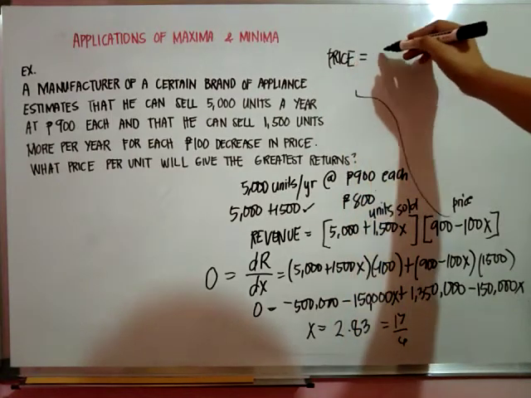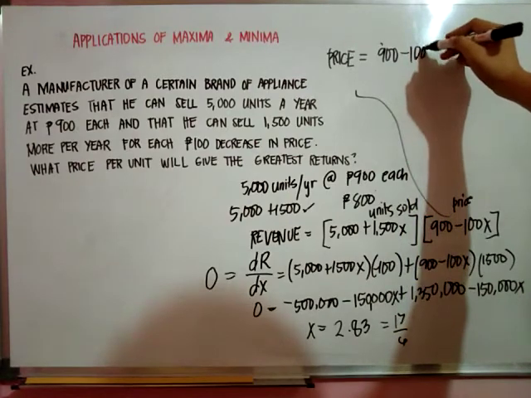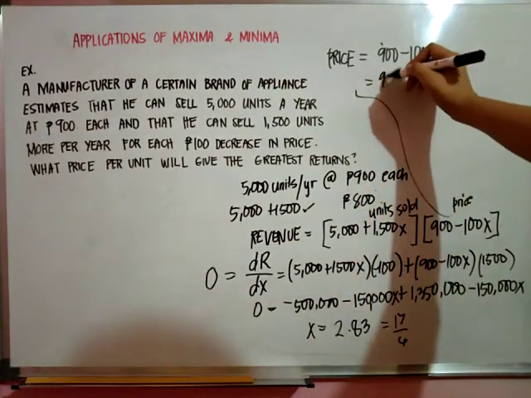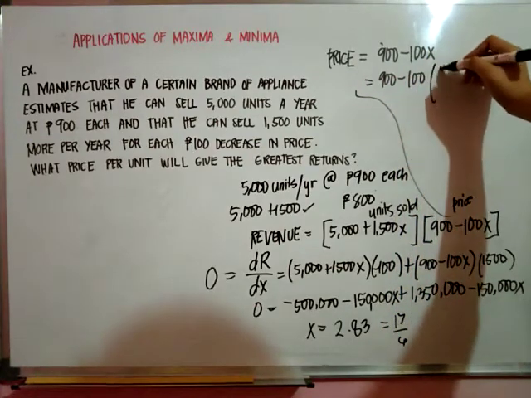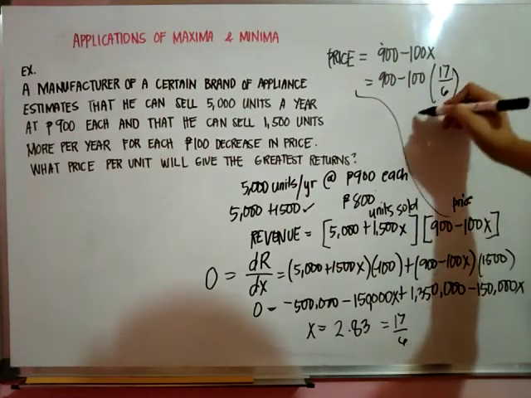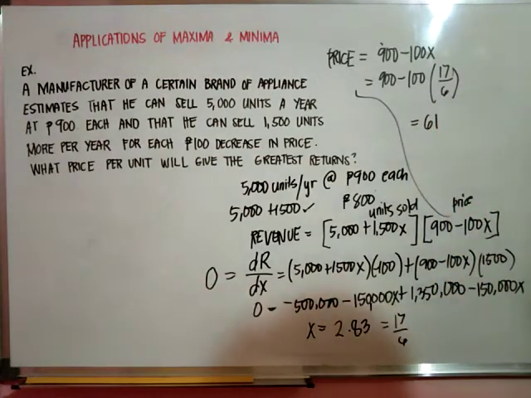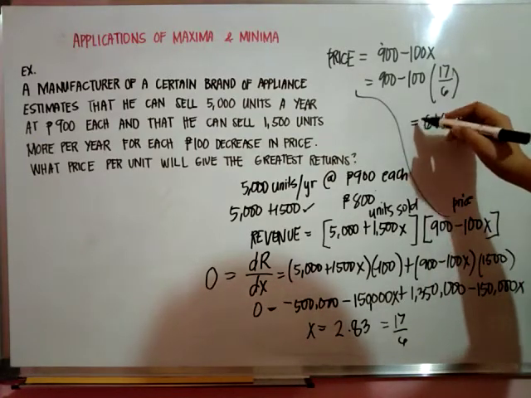So we have price is equal to 900 minus 100x. So therefore, we have 900 minus 100 times 17/6, we have 616.67 pesos.